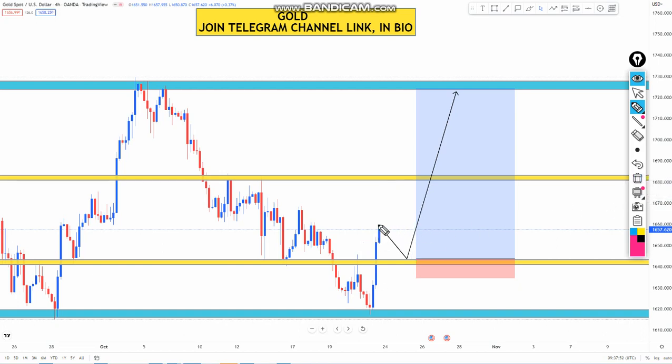Number two is if price decides to come back for exhaustion, and then we do not see confirmations here. We do not see price action confirmation, we do not see fundamental direction as confirmation, so this setup will become invalid as well. These are the two things that will make this setup invalid.